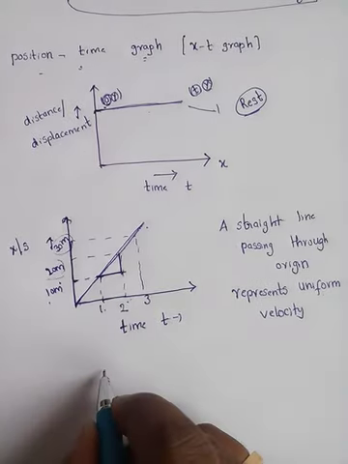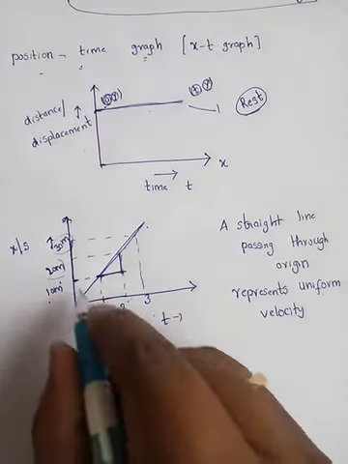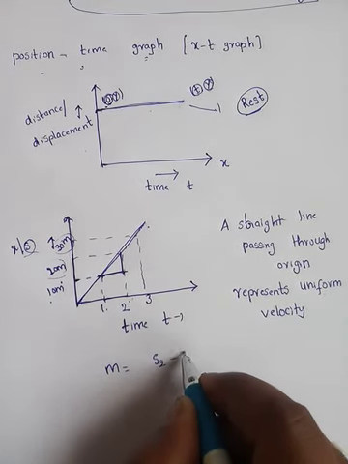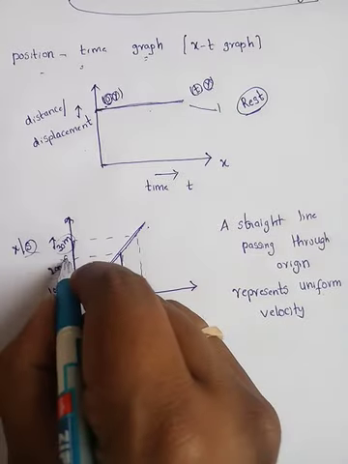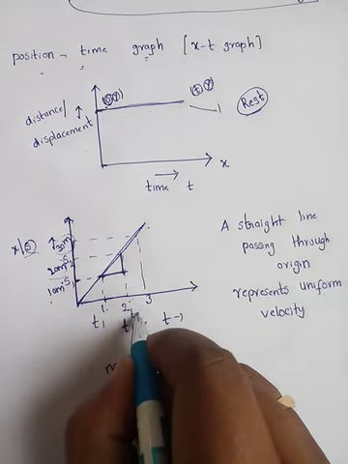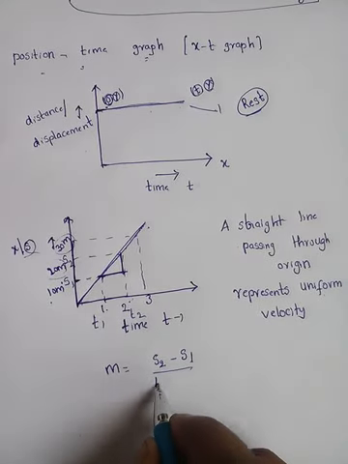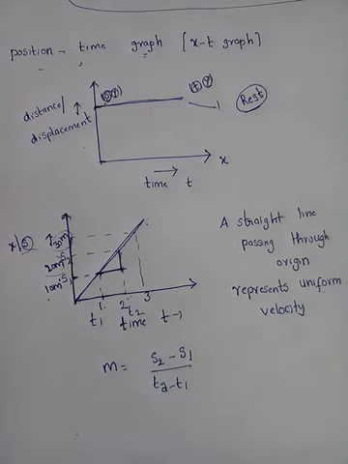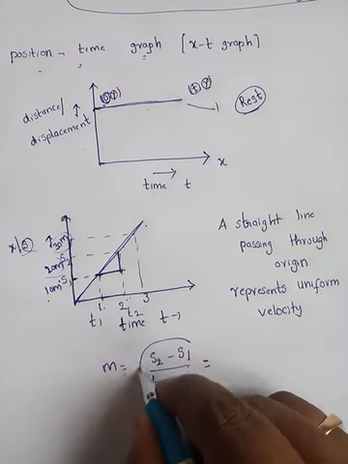Now if you take the slope, what is the slope formula? m equals y2 minus y1 by x2 minus x1. Here let us take this as s2 and this as s1, this is t1, this is t2. So slope is s2 minus s1 by t2 minus t1. This formula we have seen somewhere, right?